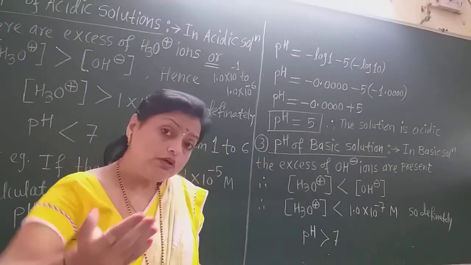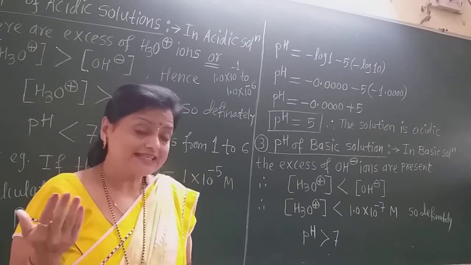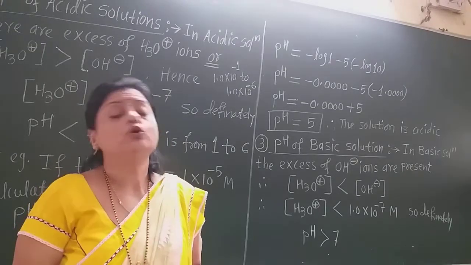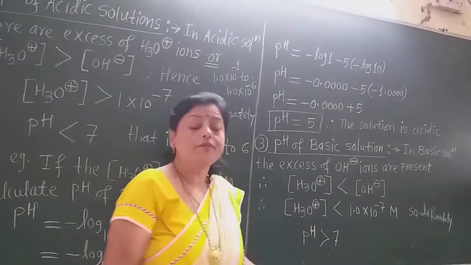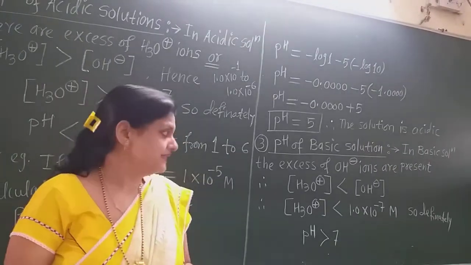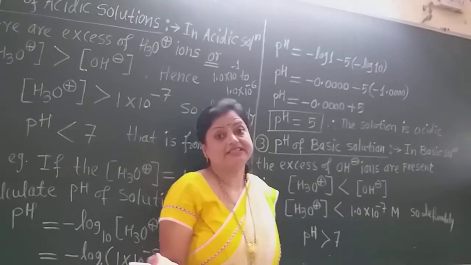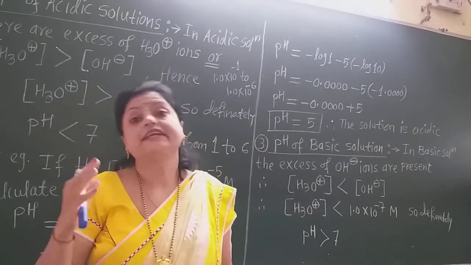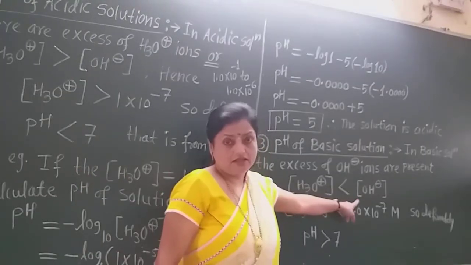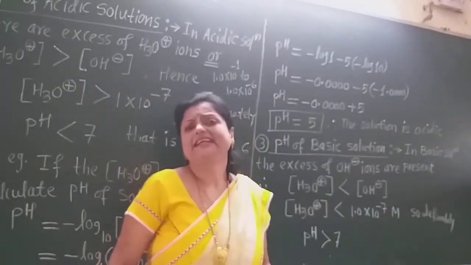Lower value than OH minus means, if the concentration of OH minus ions is 10 raised to minus 8 or minus 9, then what will be the concentration of H3O plus ions? If the OH minus concentration is greater than 10 raised to minus 7, such as 10 raised to minus 6 or minus 5, then the H3O plus concentration is less than 10 raised to minus 7.